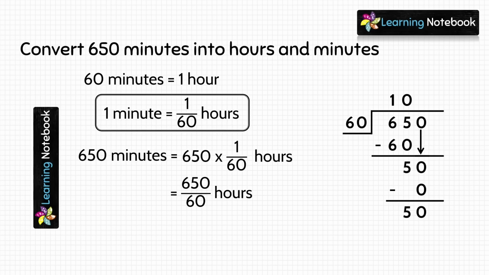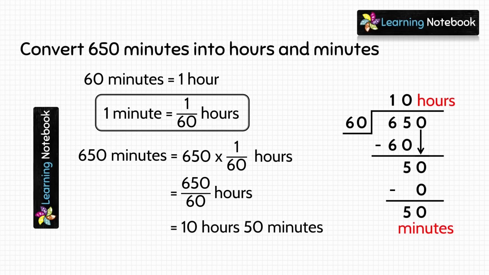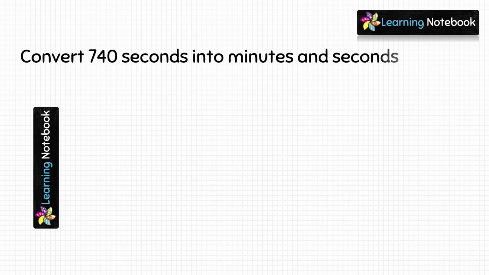So here students, this quotient 10 denotes hours and remainder 50 denotes minutes. So our answer is 10 hours 50 minutes. 650 minutes equals 10 hours 50 minutes.